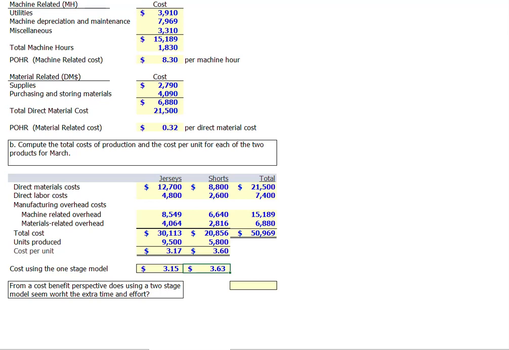From a cost-benefit perspective, if period after period we keep getting similar cost estimates using both models, it probably doesn't make sense to use a two-stage model. We have to collect additional information regarding machine hours per unit, labor cost or material cost per product, which actually isn't bad because that's going to be in our costing system. But we might want to think about simply using a single allocation base.